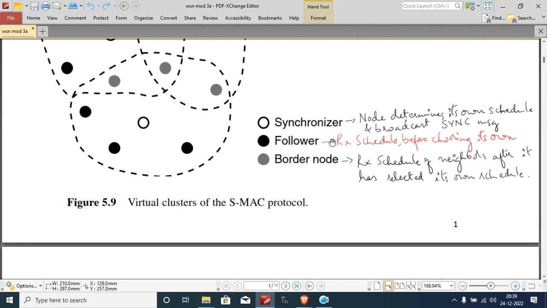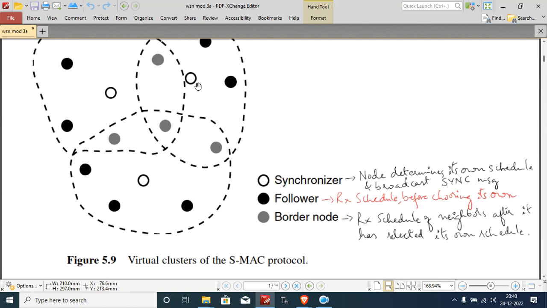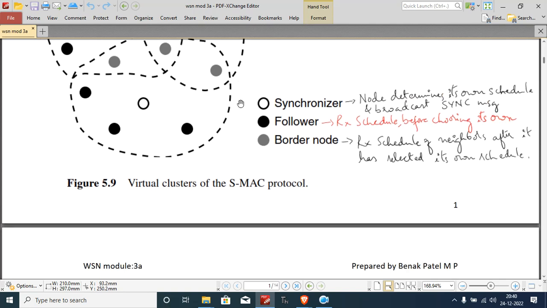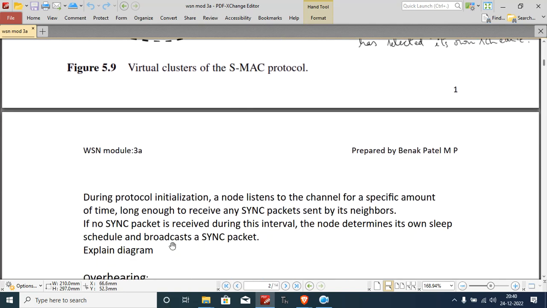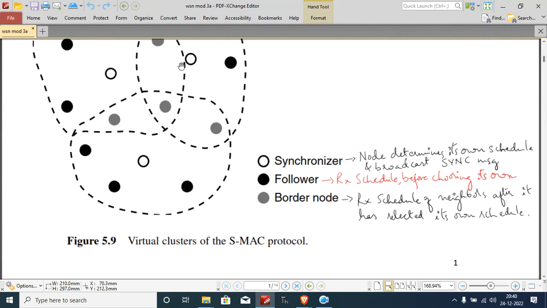That is how synchronizer nodes are formed. The node determines its own schedule and broadcasts a sync message, and thereby it becomes a synchronizer, and later it will broadcast a sync packet to all its neighboring nodes, and those nodes that receive this sync packet, that is the schedule, before choosing their own are called followers.